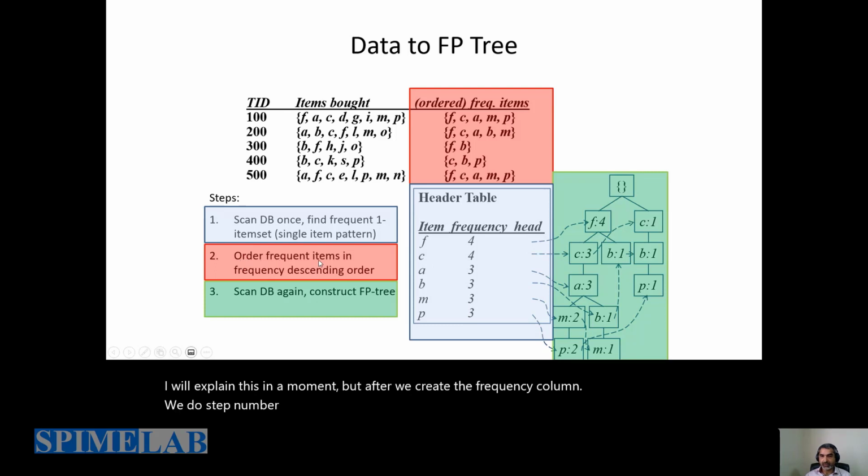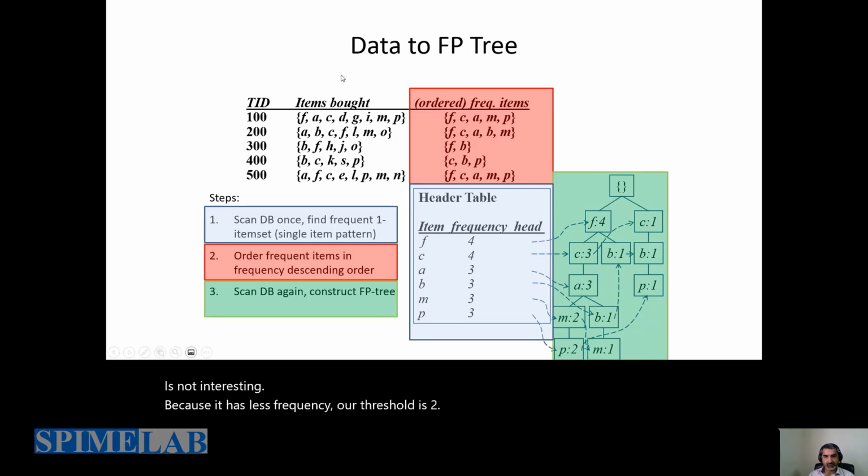We order frequent items in frequency descending order. So for this transaction, I is not interesting because it has less frequency. Our threshold is 2. So we will drop I, we will drop G, we will drop D because they are less frequent in the database.